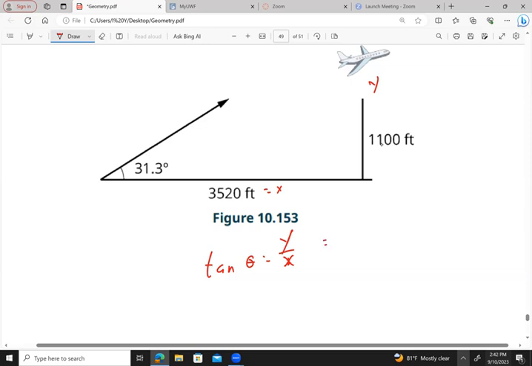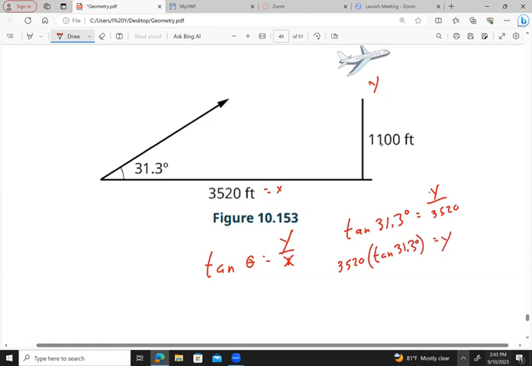So I know I have the tangent of 31.3 degrees equals y over 3,520. Multiply, and I have 3,520 times the tangent of 31.3 equals y.